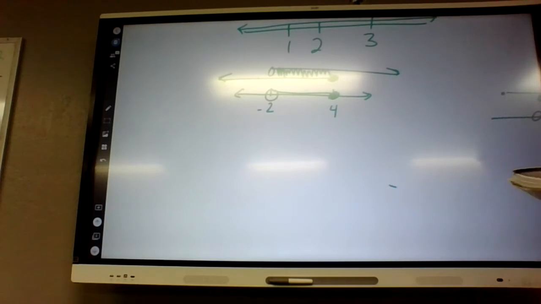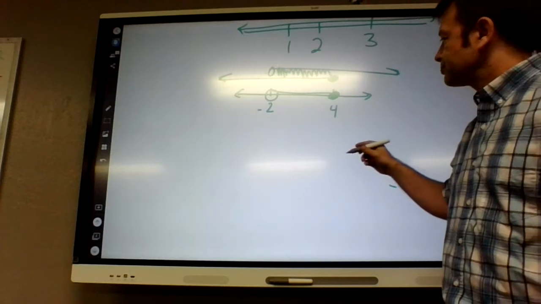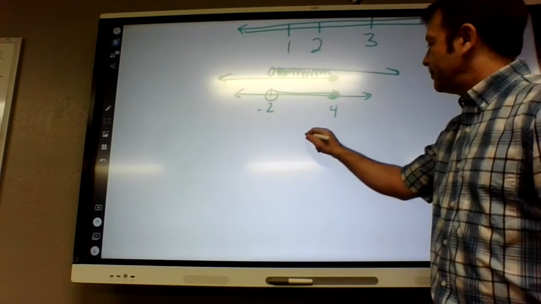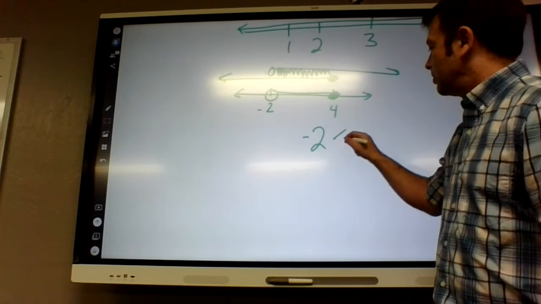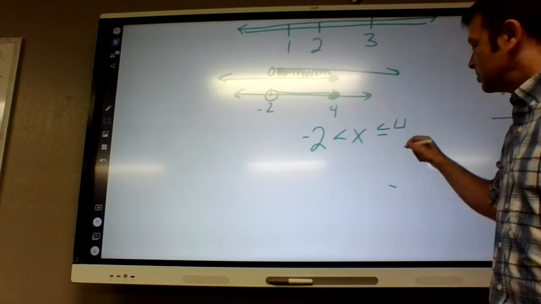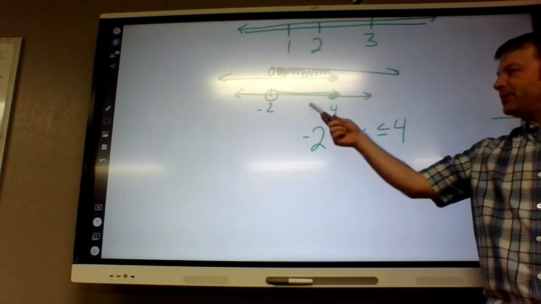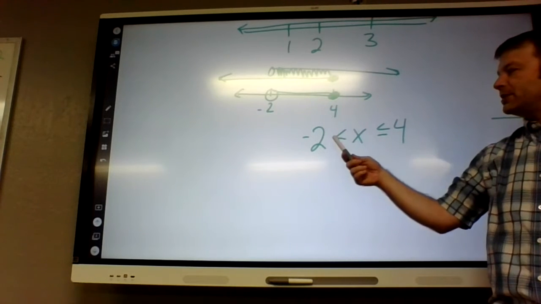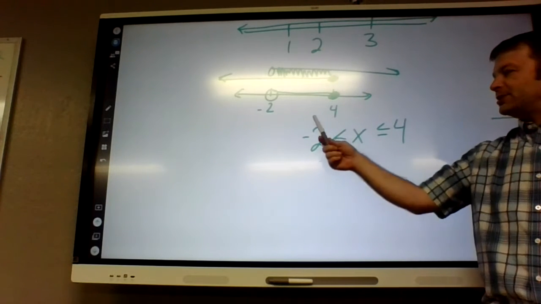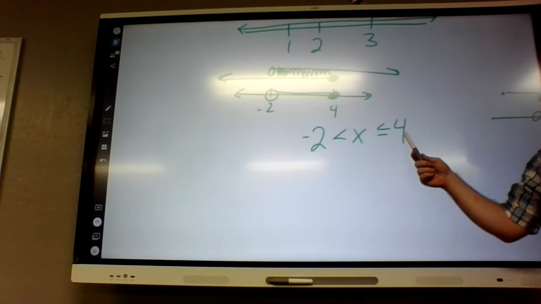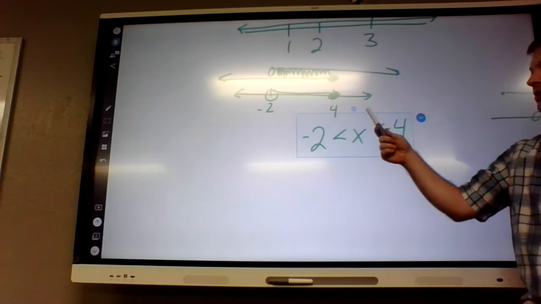Oh, you know, something else I didn't write down. This is how this graph can be written. This is telling me it's greater than -2 and it's less than or equal to 4.